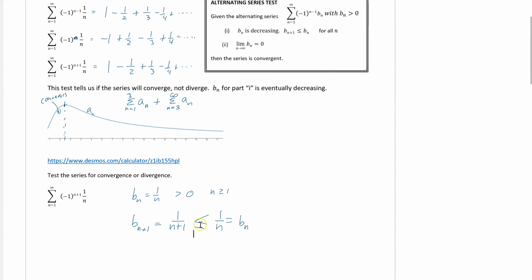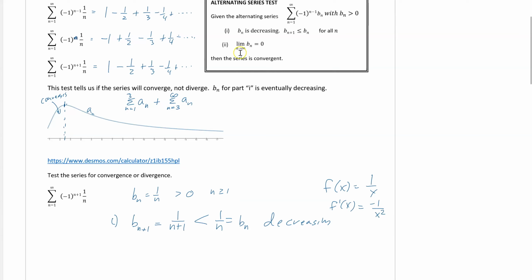But you can see that it is decreasing. And if you made it into a function, f of x equals 1 over x, our f prime of x would equal negative 1 over x squared, which you can see is also decreasing because it's negative.